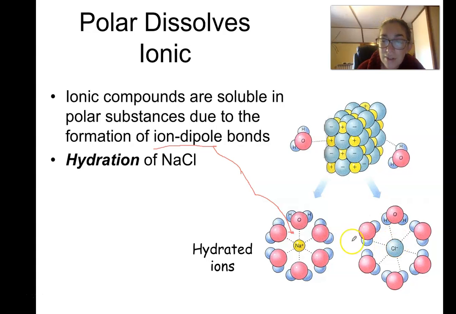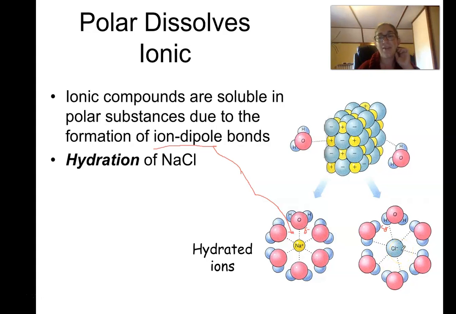Notice that these little circles are slightly different. The sodium, being positively charged, is attracted to the oxygens on the water molecules because they are partially negatively charged. Whereas around the chloride ion, the water molecules are flipped, because it's the partially positively charged hydrogens that are going to be attracted to the negatively charged ion.